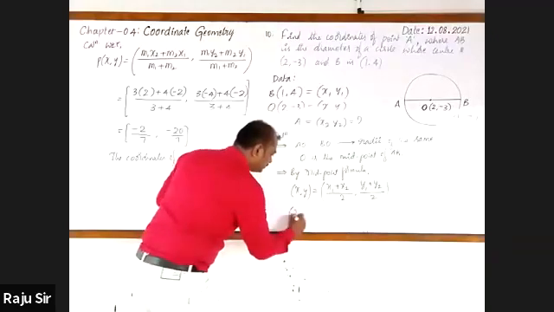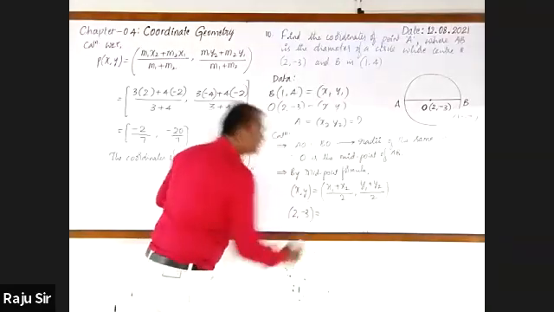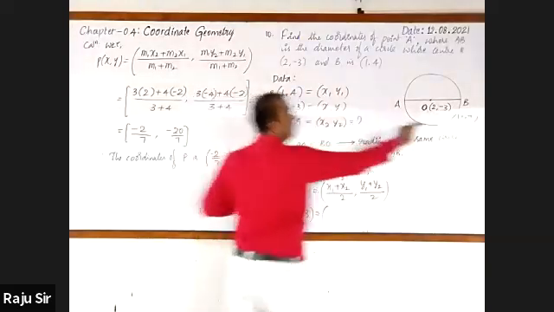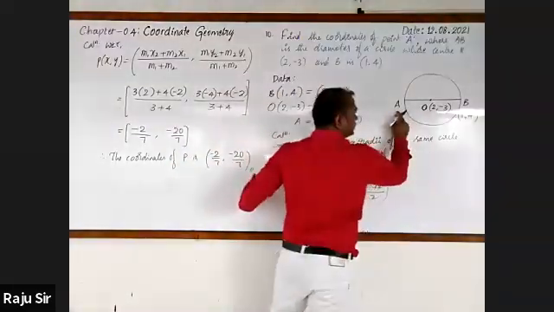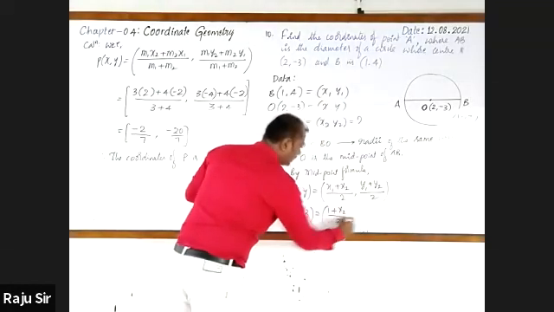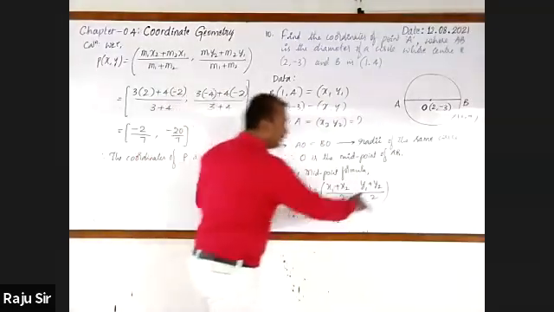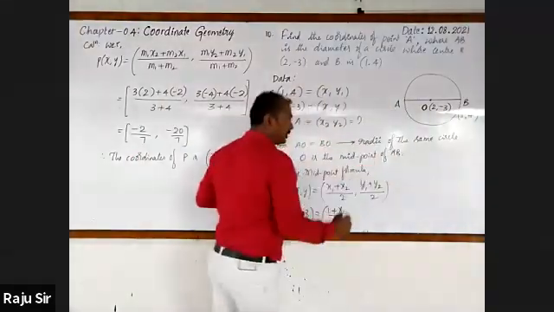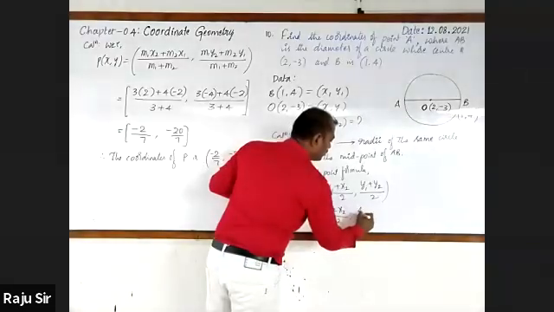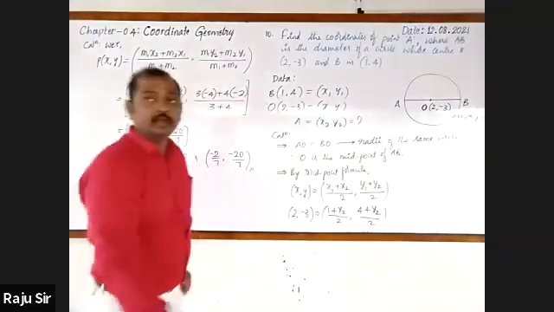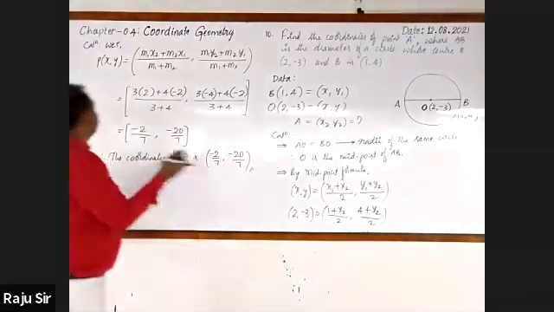Here I am writing (2, -3) equal to ((x1 plus x2) by 2, (y1 plus y2) by 2). x1 is 1, x2 is unknown, so (1 plus x2) by 2. y1 is 4, y2 is unknown, so (4 plus y2) by 2. Now let's simplify.